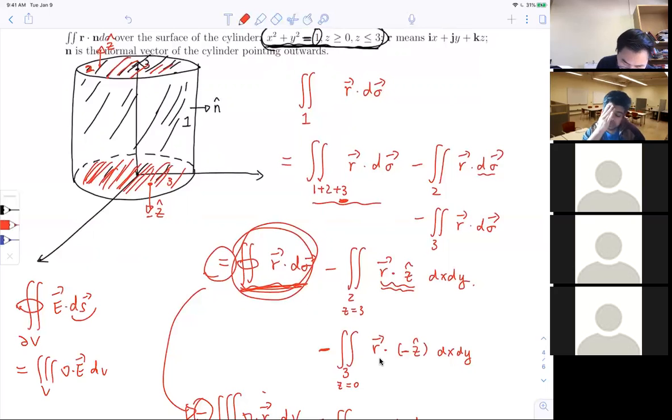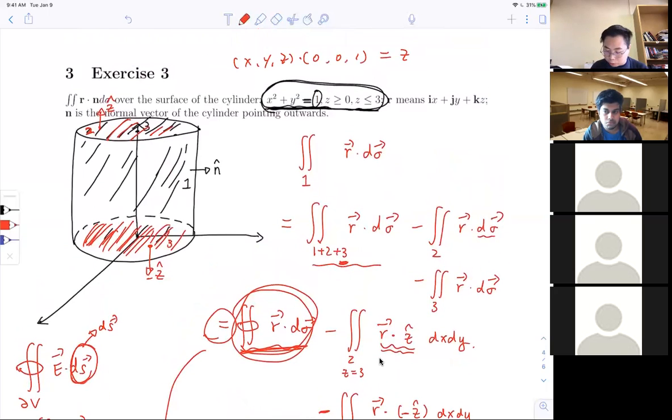So here you have a dS. The direction of this dS is the normal direction of that closed surface, and we choose the normal direction going outwards.